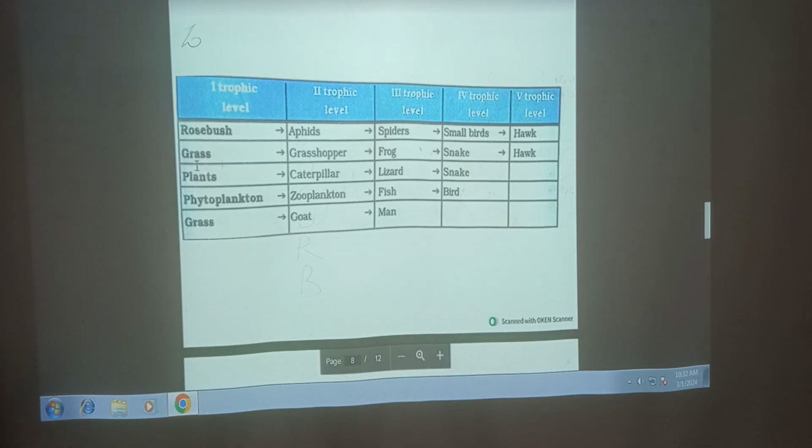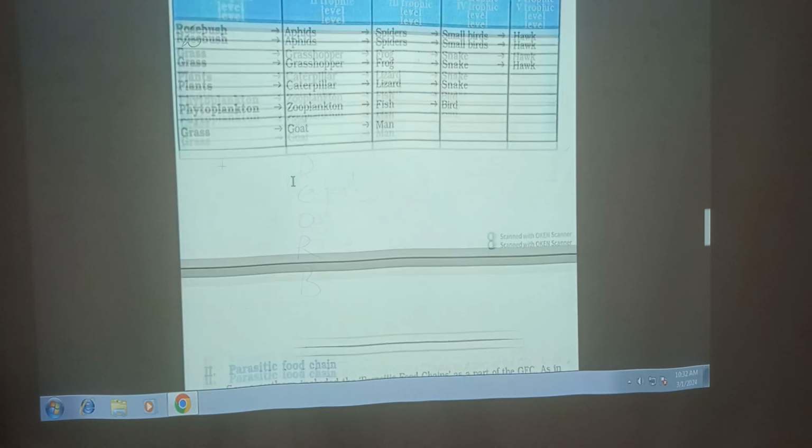Second example: grass, grasshopper, frogs, snakes. Another example: plants, caterpillar, lizard, snake. And phytoplankton, zooplankton, fish, bird; and grass to man. These are different examples of the grazing food chain.